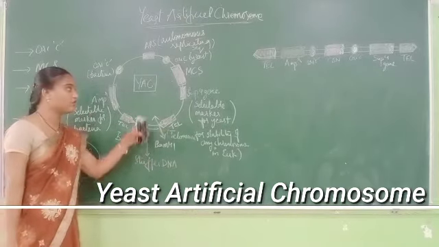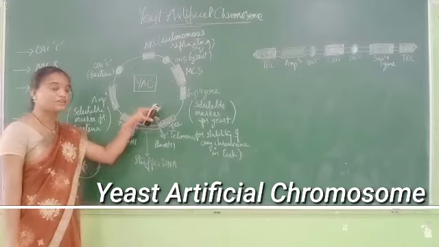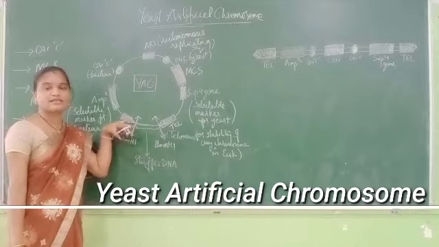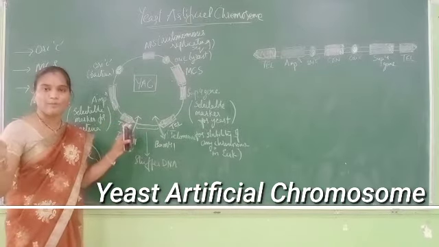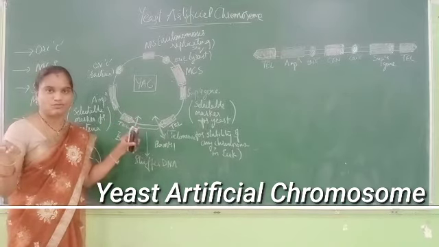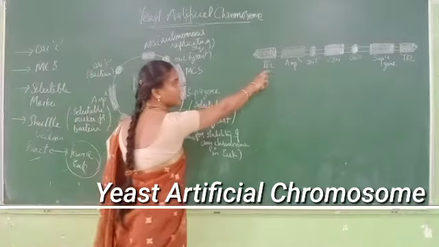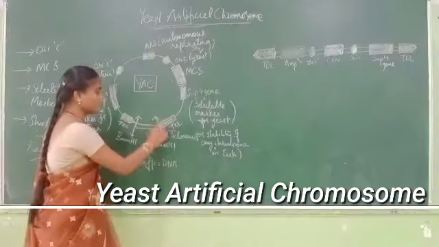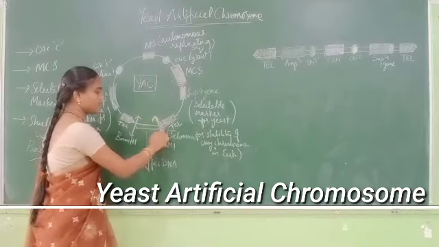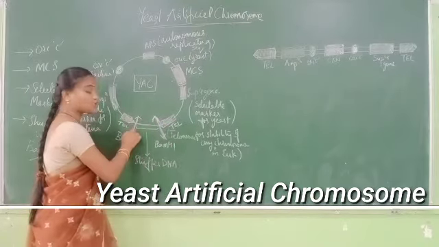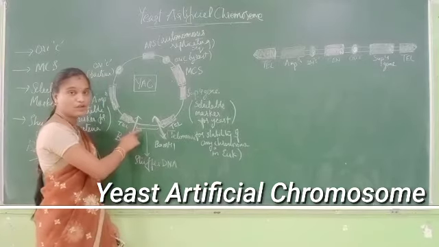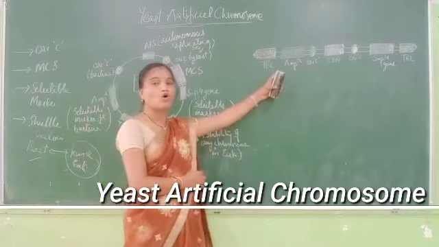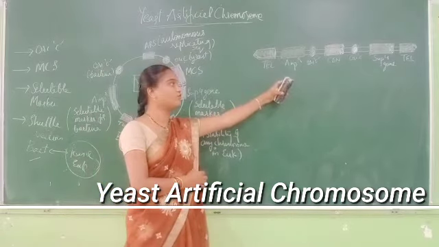When this YAC is treated with BamH1, this circularized YAC gets opened. So this is the linear YAC model. Okay. So in between the telomeres, there is a site where BamH1 easily cleaves your YAC on both sides. Then what happens? This is your open linear form of YAC.